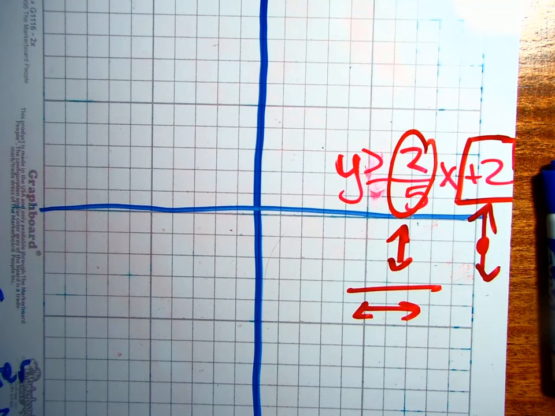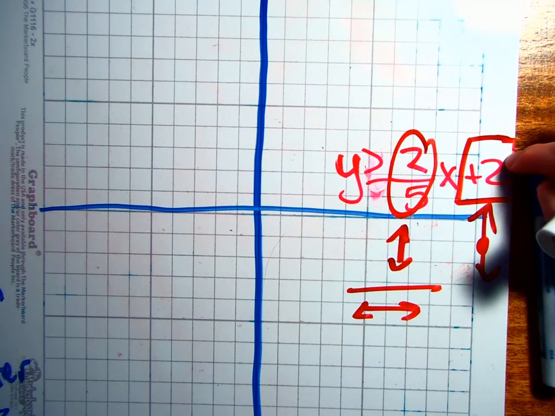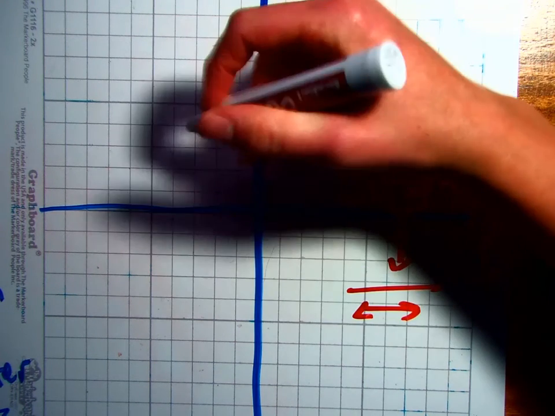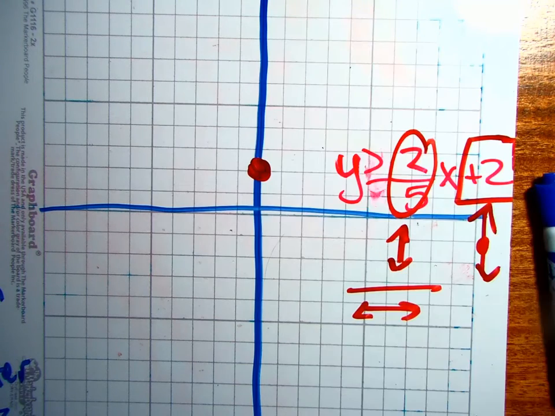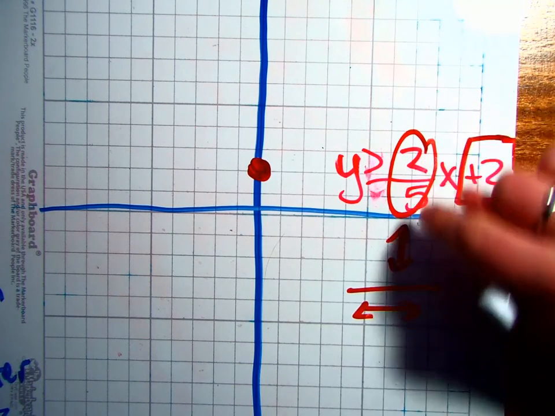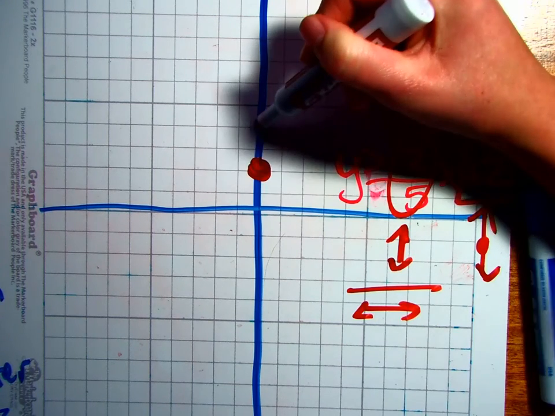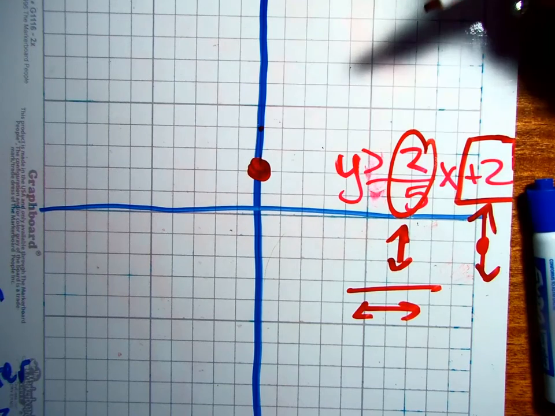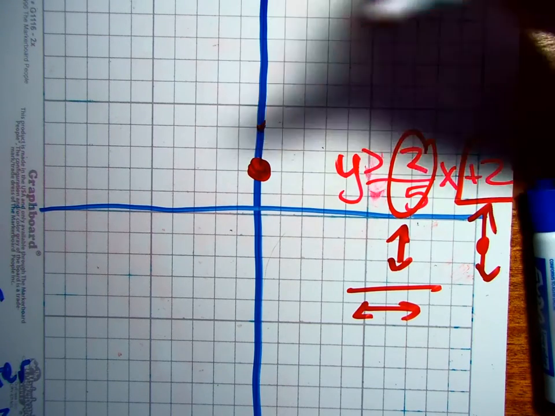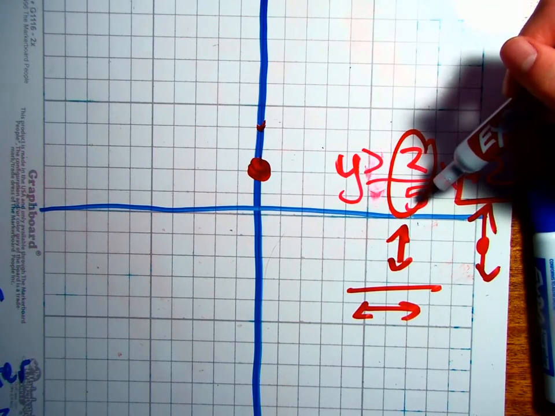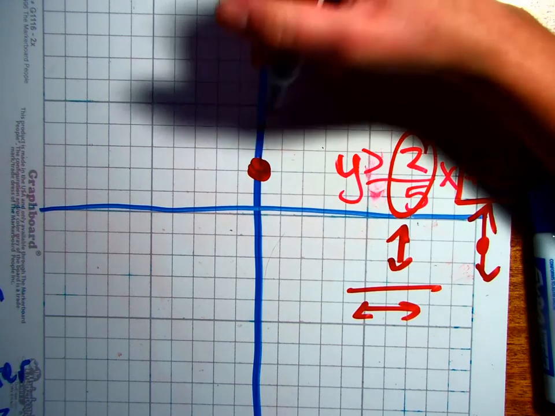So for this particular equation, y is greater than or equal to 2/5 x plus 2. My first step is to go to positive 2 on the y-axis, which is right here, and put a dot. Then for my slope, I'm going in a positive 2 direction, which would be up 2 more squares from where I left off, and a positive 5, which would be to the right.